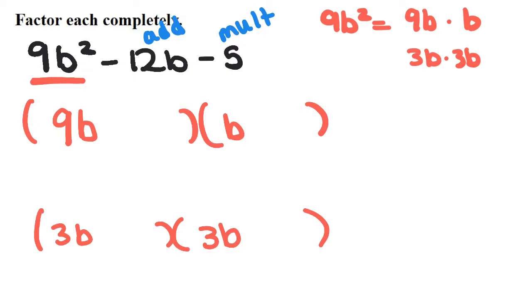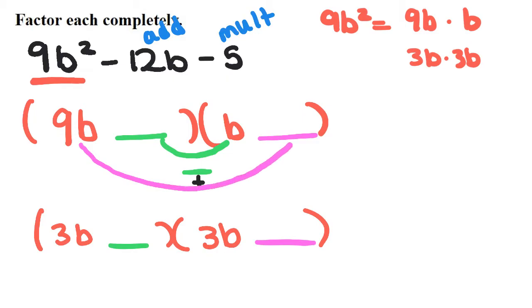So we want to figure out what we are going to fill in to the parentheses so that when I check those same products, just like we did in the last video, this product plus this product adds to equal -12b.